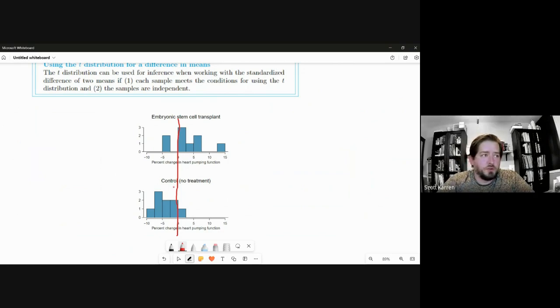But the control that had no treatment all have a pretty big chunk in the negatives. There's a couple negatives in the ones that receive stem cell treatment, but you got a pretty sizable chunk to the right here. So visually, this is convincing.